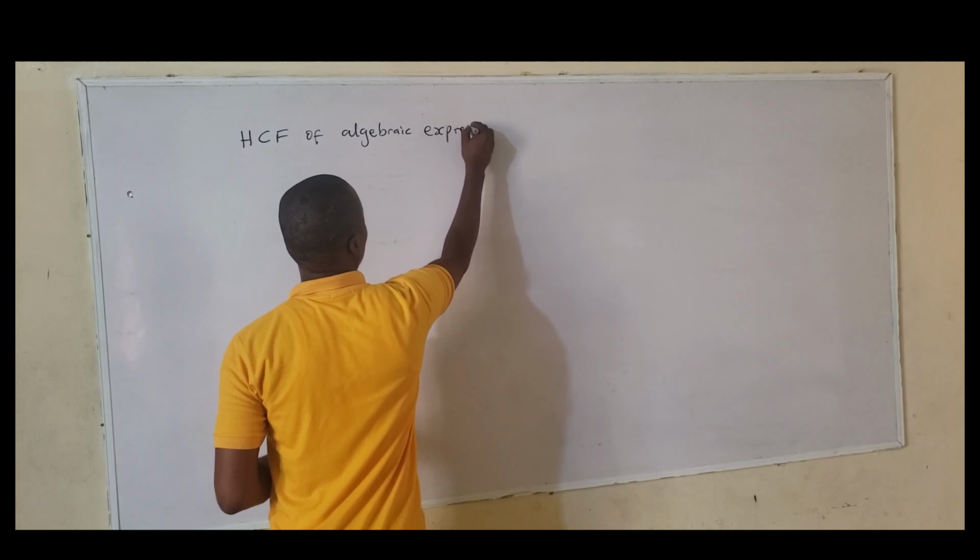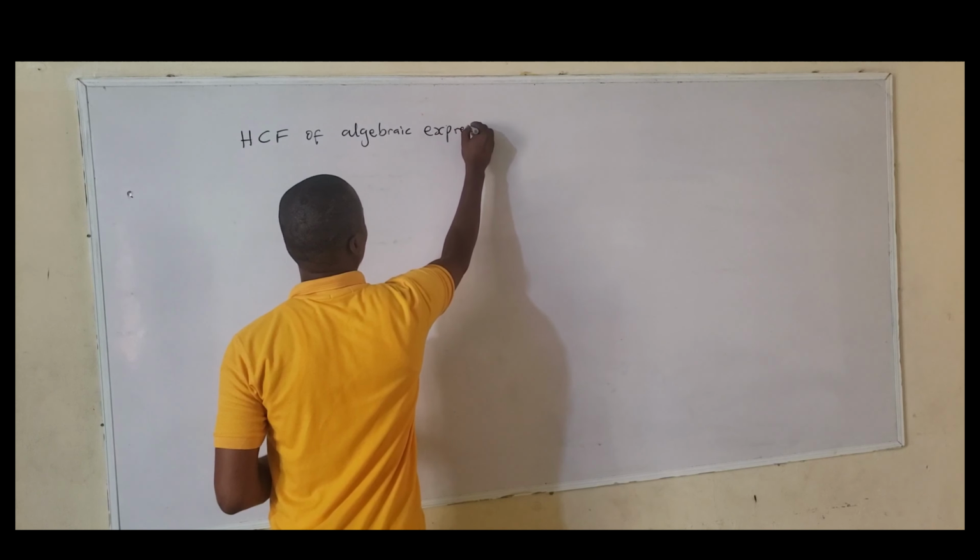What did we do in numbers? We partitioned our numbers or the expression given and we divided by the common factor. And what is a common factor? A common factor is a number that can divide this one and also divide this one.